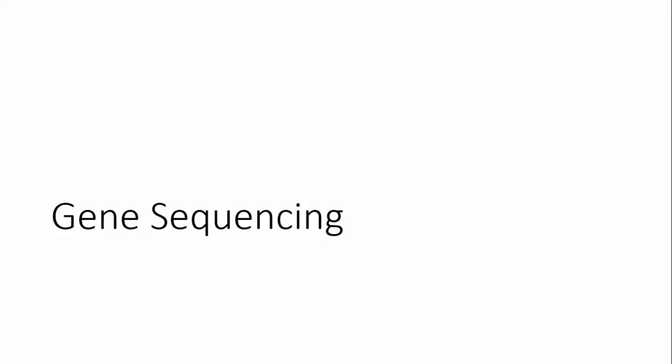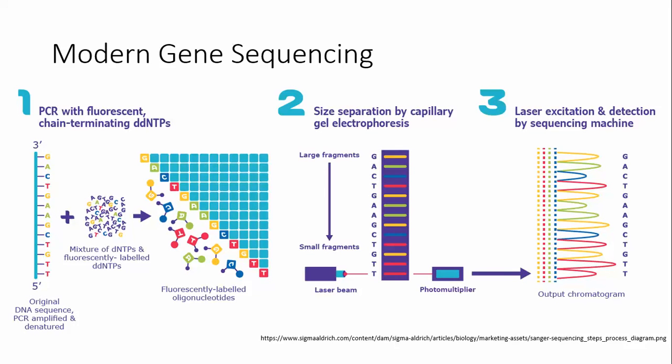So, gene sequencing. This is how modern gene sequencing works. It's a little complicated. If you're interested, we can go into it in more detail, but it basically involves PCR. You're going to amplify whatever segment of DNA. Then you've got fluorescently labeled nucleotides, a small amount of them mixed in with the rest.